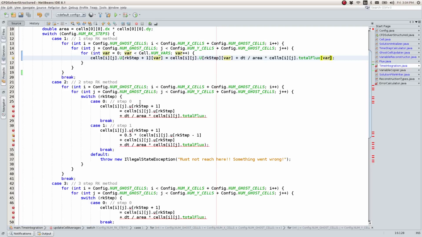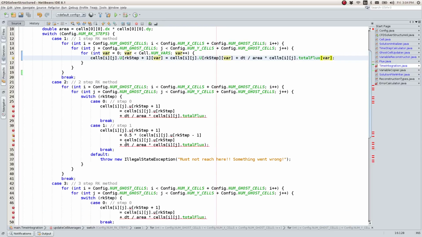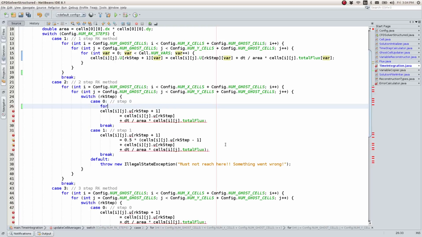Here again, oh yeah, here it will be, well actually I can put it in here or I can also put it out there. So then it is case 0. I think I can put it here.